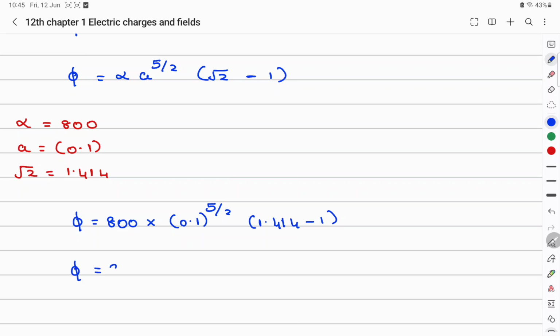So phi is equal to 800 into 1 by 10 power 5 by 2 into 0.414.